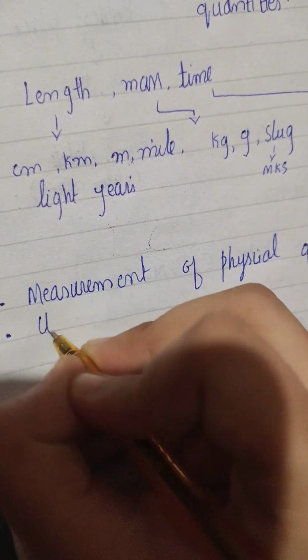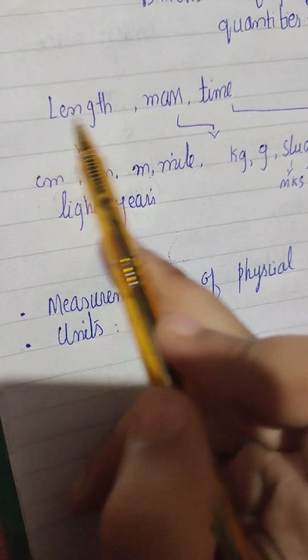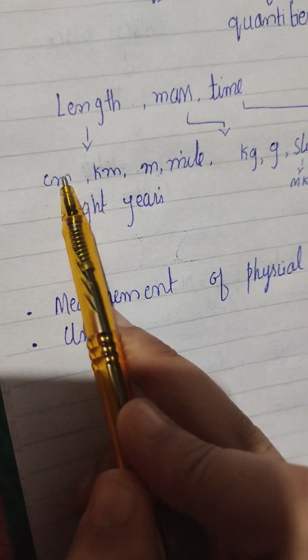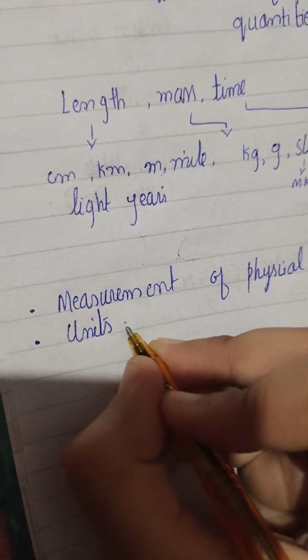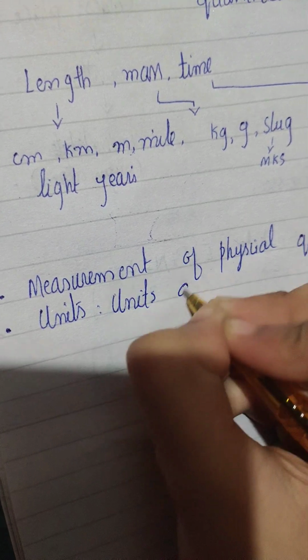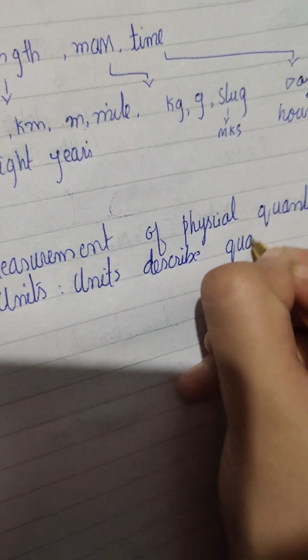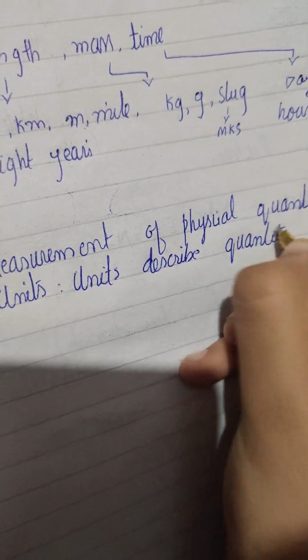And dimension have units. So what is the purpose of this unit? If we have length, what is the purpose of centimeter? So what does unit do? Unit describes the quantity, that how much the quantity is.